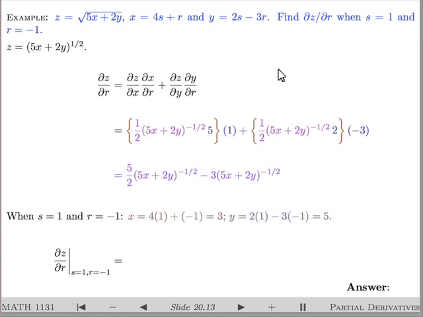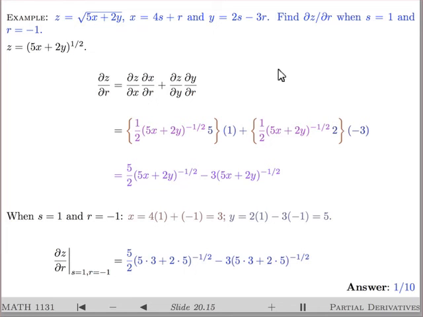So we plug in 3 for x, 5 for y, 1 for s, negative 1 for r, in the expression we have for dz over dr. That gives me the value of dz over dr when s equals 1 and r equals negative 1. Of course, you can simplify this and verify that you get 1/10.